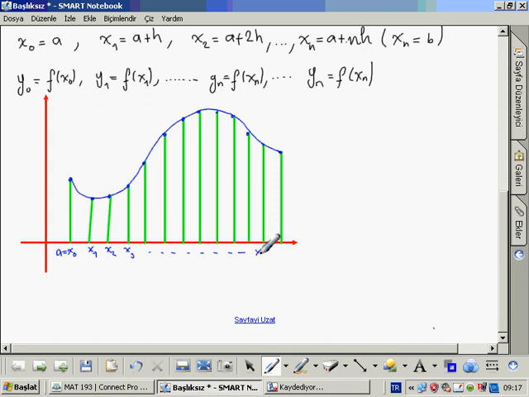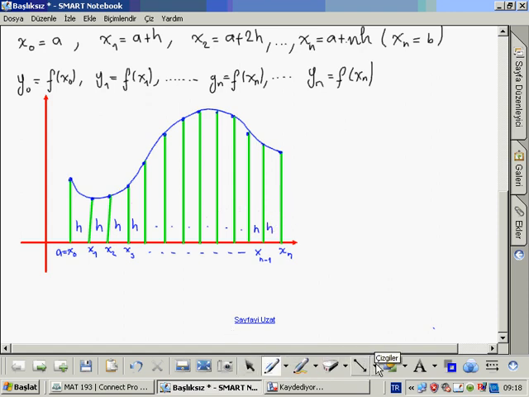This point is xn minus 1, this point is xn, and all of these intervals equal h.